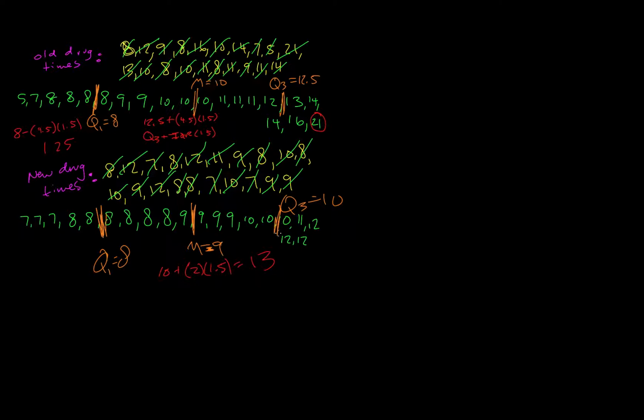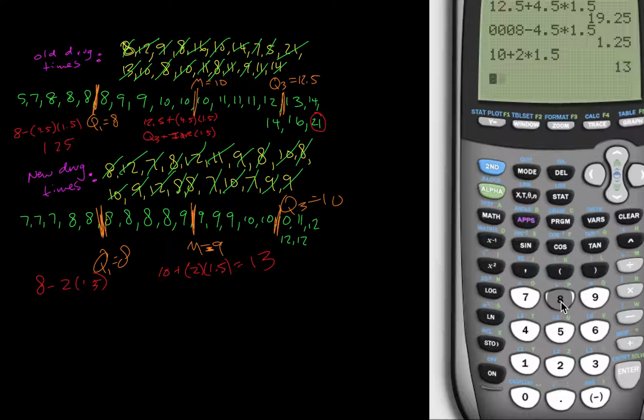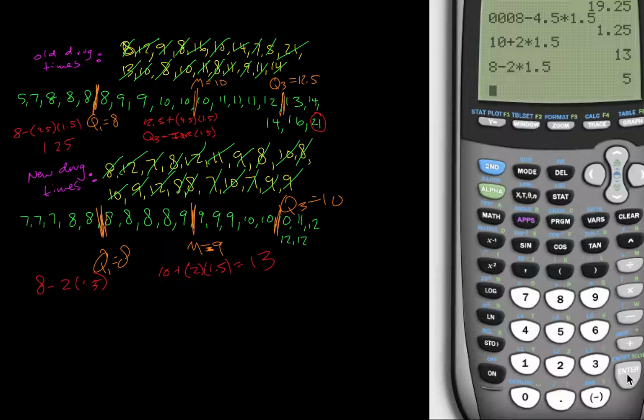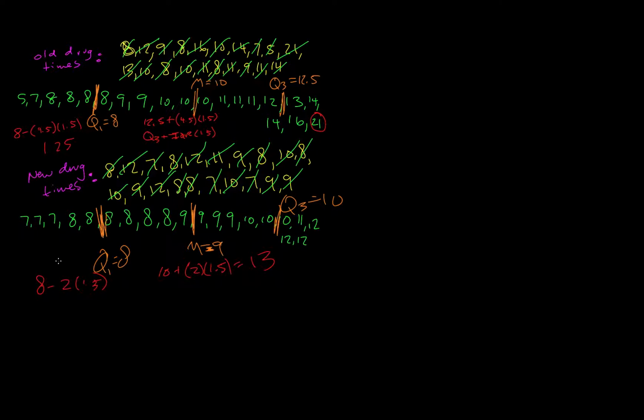Since 13 is larger than all of this, there's no upper bound outliers. Then we'll try this one. It's going to be Q1, which is 8, minus 2 times 1.5. We get 5, and since 5 is lower than everything over here, we have no lower bound outliers.